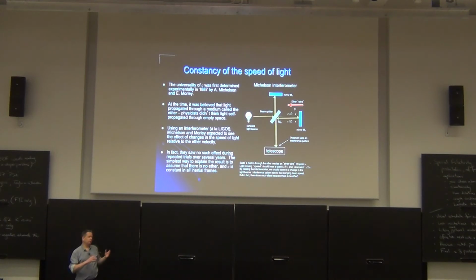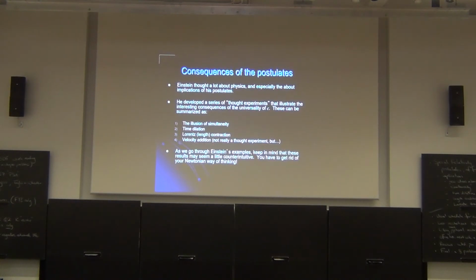Their purpose is different. They're actually now sensing very tiny motions of those blue mirrors and using that to detect the traveling of gravitational waves, but the technology is the same, at least roughly speaking. Okay, so very important experiment, shows that in fact the speed of light is constant in all inertial reference frames.